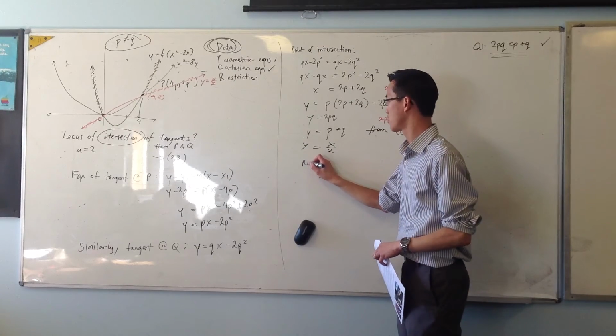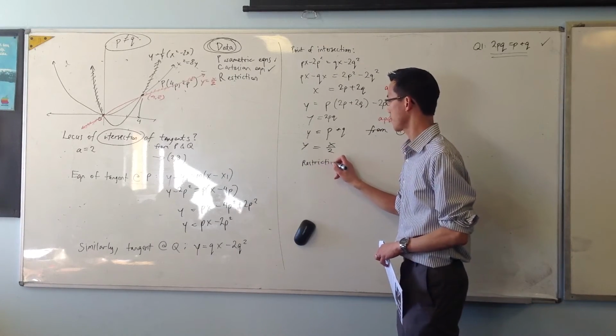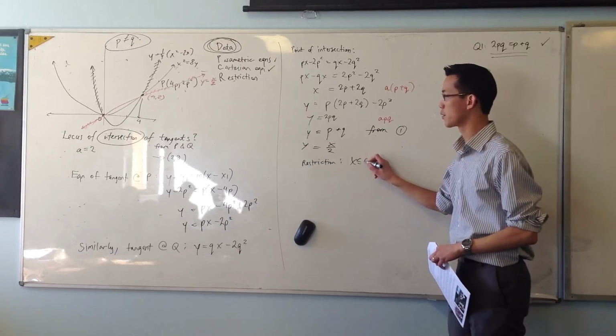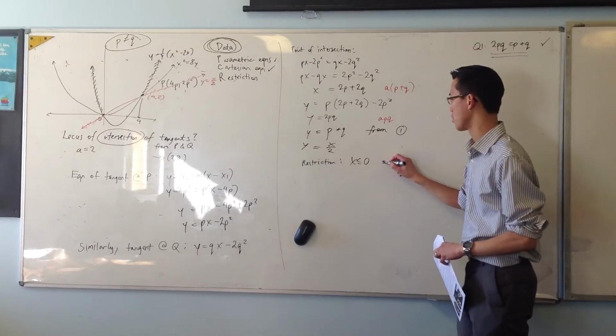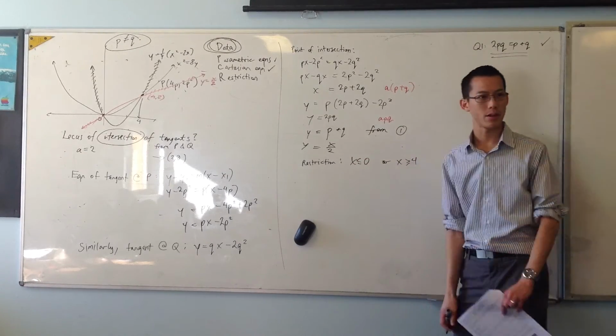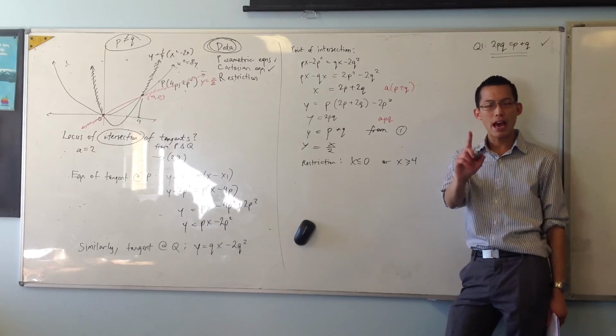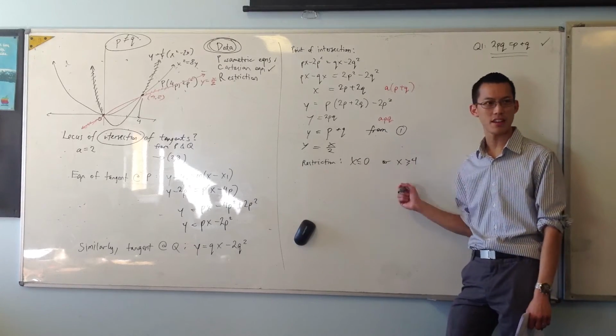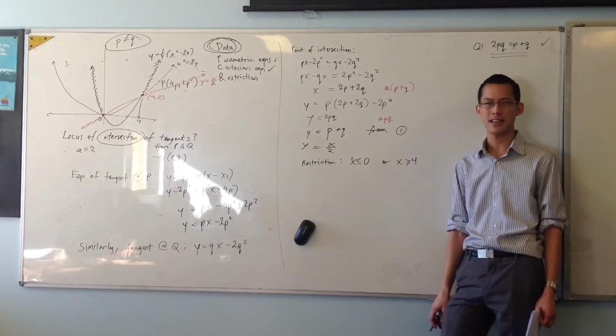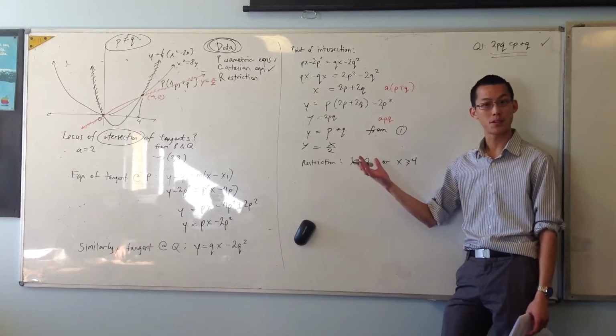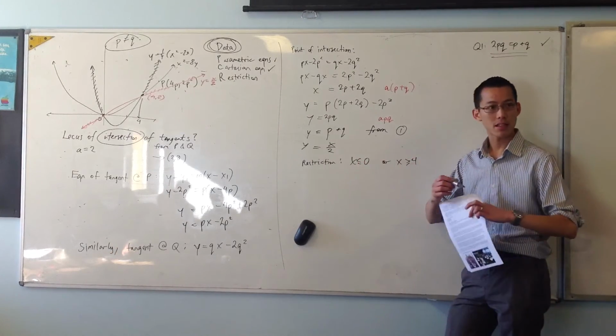Okay? The restriction is x less than or equal to 0, or not inclusive, depending on what we work out, and greater than or equal to 4. Okay? Now I'll let you have a think as to why it's so convenient that the restriction works out to be identical, though for the opposite reason.